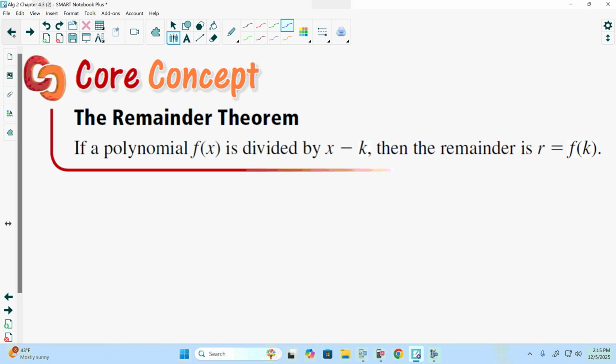But also, let's think back to chapter 3. When we were solving, especially by graphing, we were trying to find the values of x that make the function equal 0. So that tells me if the remainder is 0, whatever that value k is, will be a solution. It also gets us a way to decrease the degree of the equation by 1.